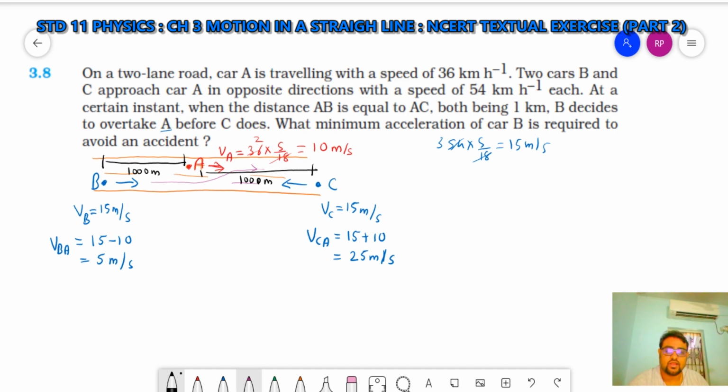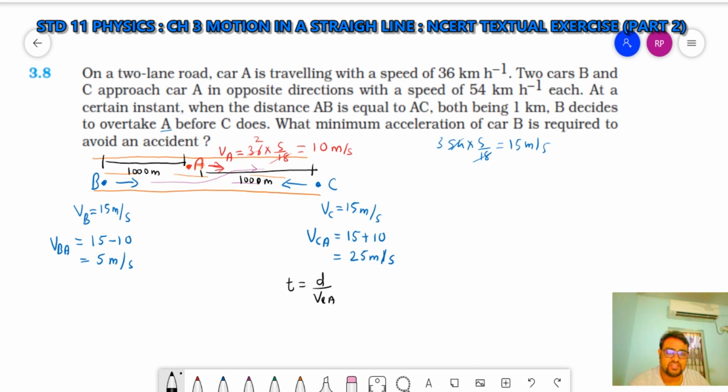So see what I am doing. Velocity equals distance by time, right? Velocity of CA, and the distance is 1000. Time is equal to the distance by velocity.